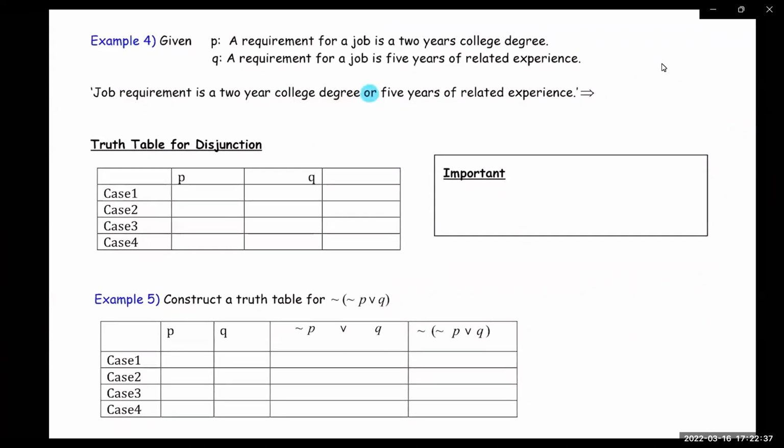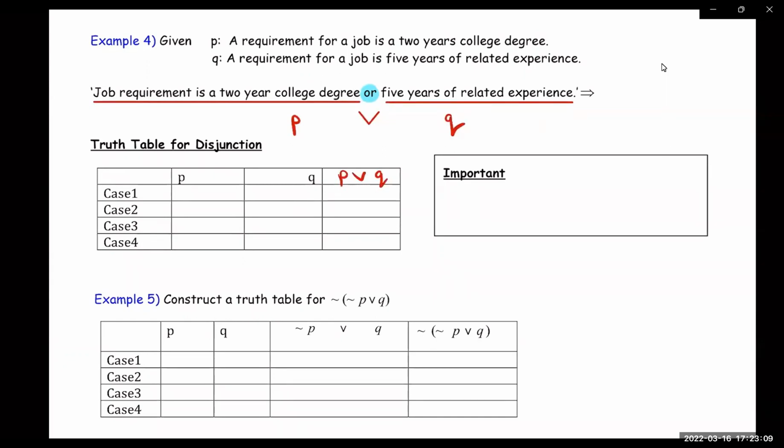So what would you write for the symbols for this one? P, with the V, and then a Q. So P or Q.